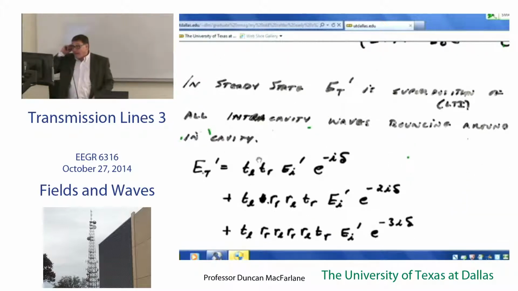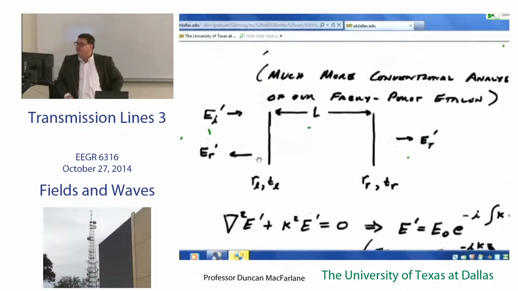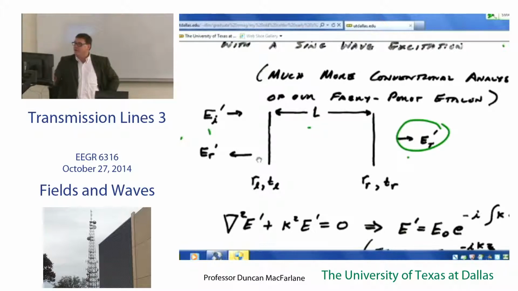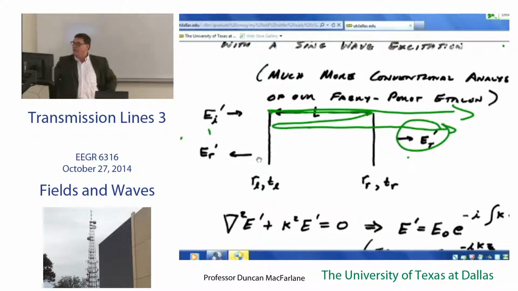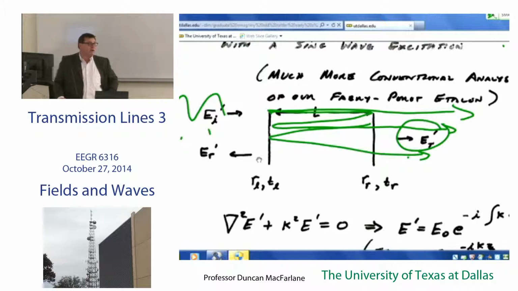So in steady state, we're going to try to figure out what this is. In steady state, I'm going to have a wave that comes out straight through. I'm going to have a wave that's delayed, another wave that's delayed, and because I'm loading this with a continuous plane wave, the relative phase of each of these outputs matters.